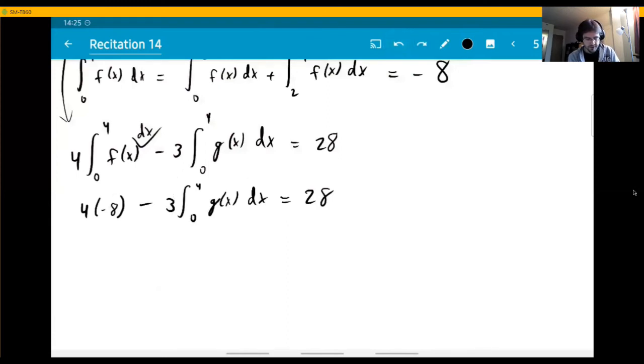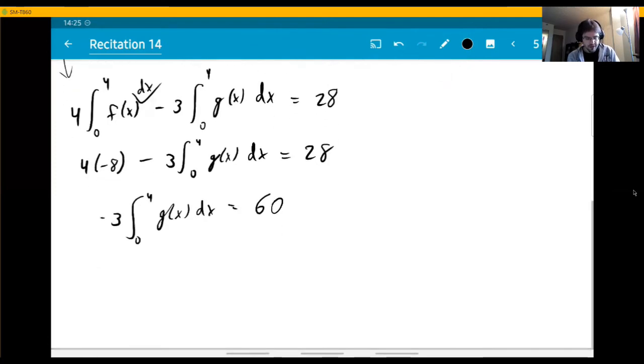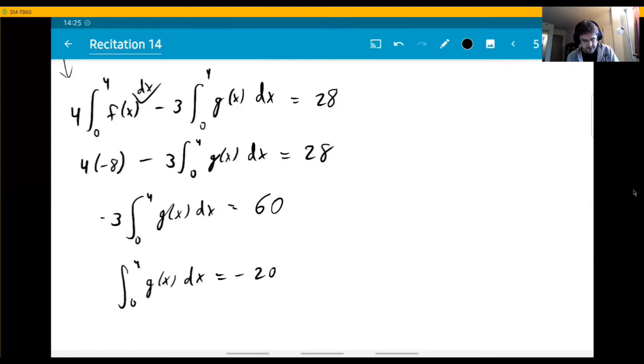Because now move this -32 to the other side. It makes a 60 together with the 28 plus 60. And I'll divide by -3. So -20. That's the integral of g between 0 and 4.